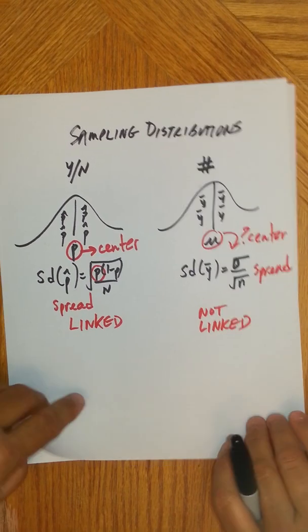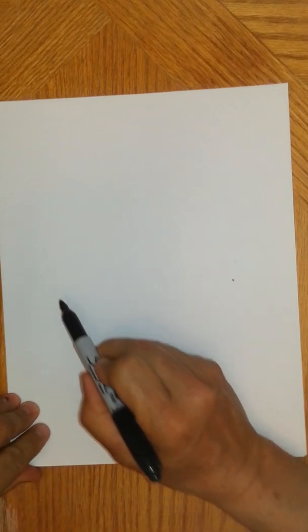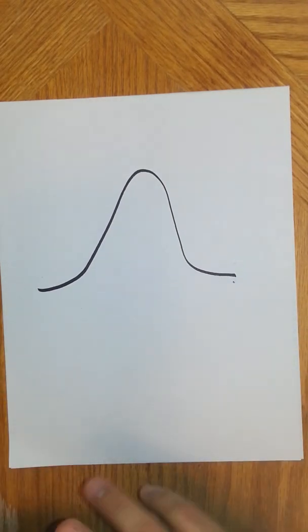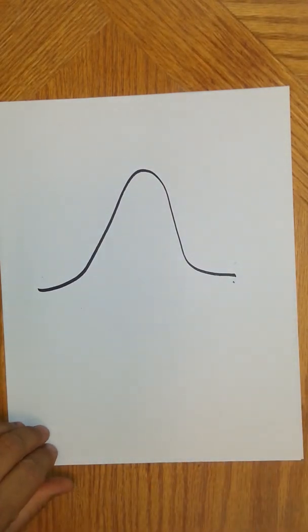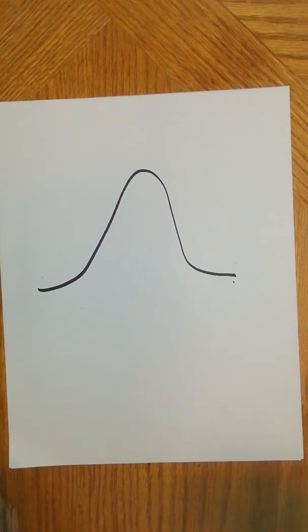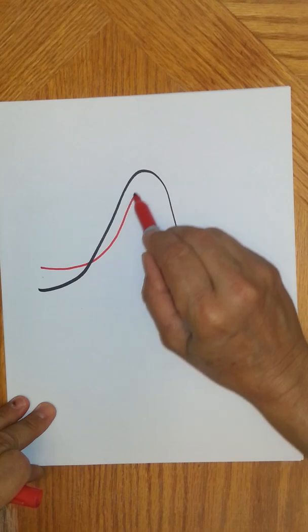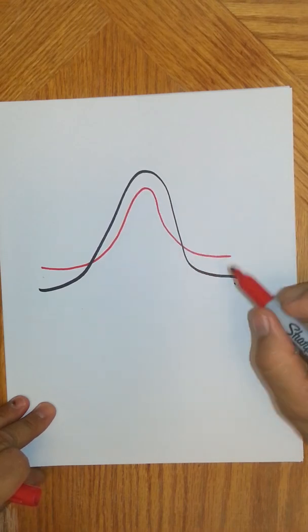So what Gossett found was that you have what are called t-distributions. So if you look at the normal distribution, let's suppose this is the normal distribution, then a t-distribution, if it's a very small sample, will have a slimmer center and fatter tails.